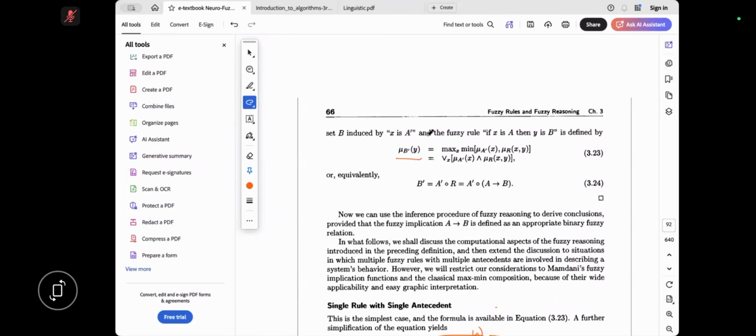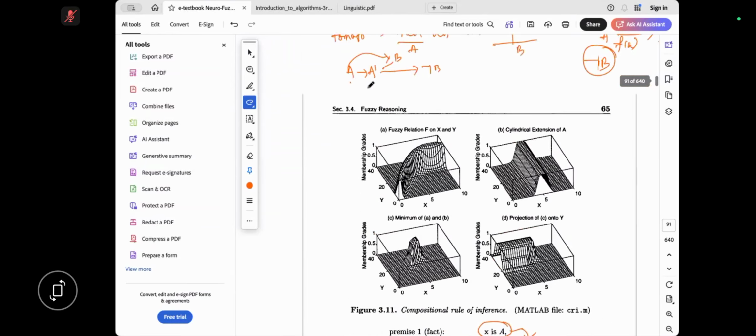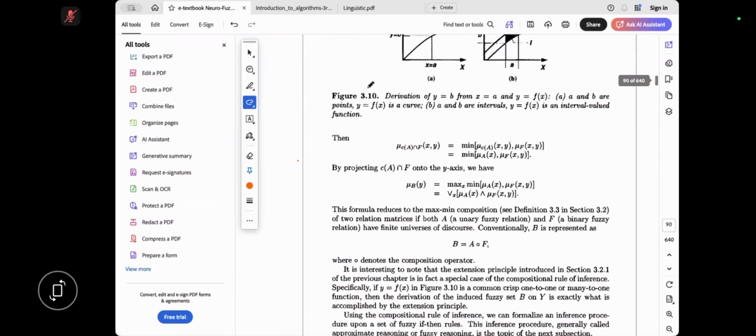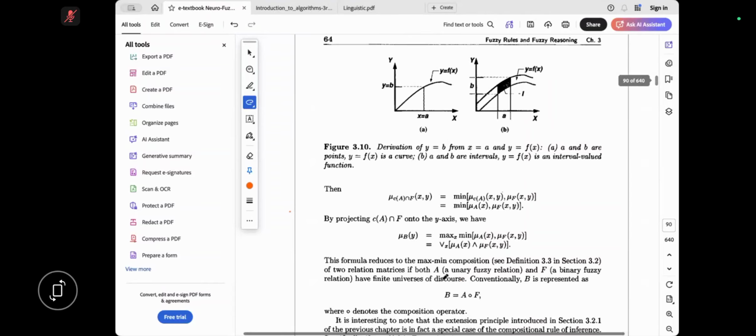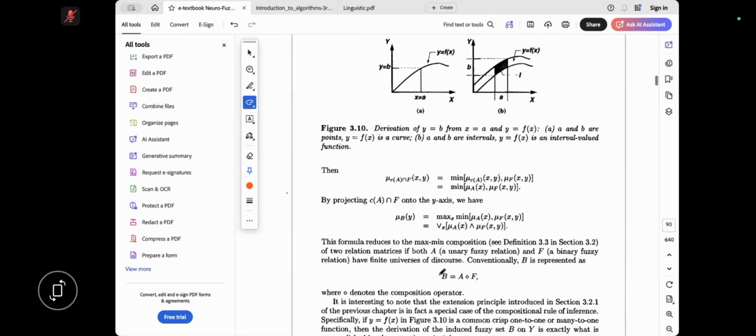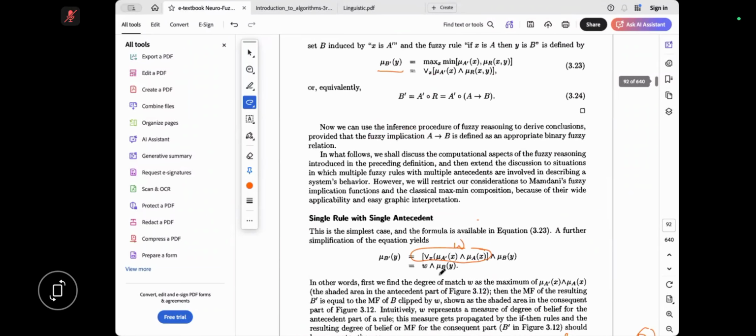If you look into the formula, X is A, your R is given, then how you get it, we already discussed this formula above, the maximum composition. For B dash, what do I have to do? I have to go for A dash. This is the implication.